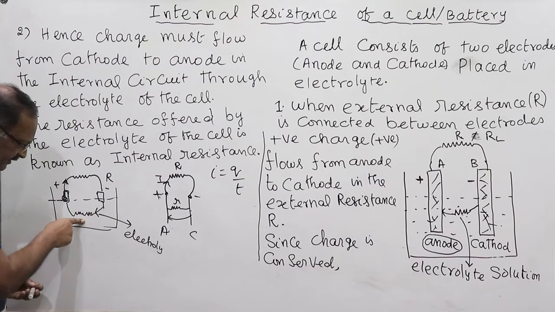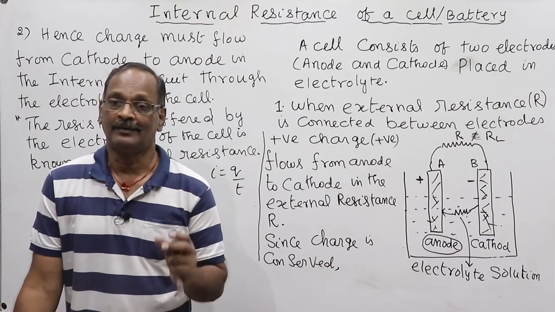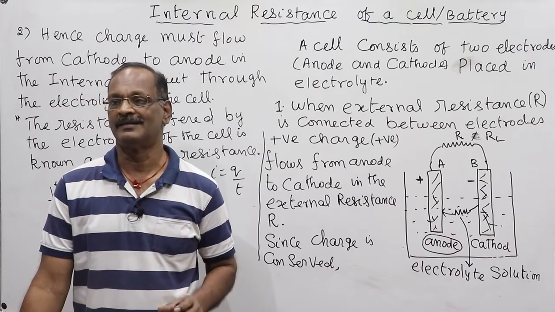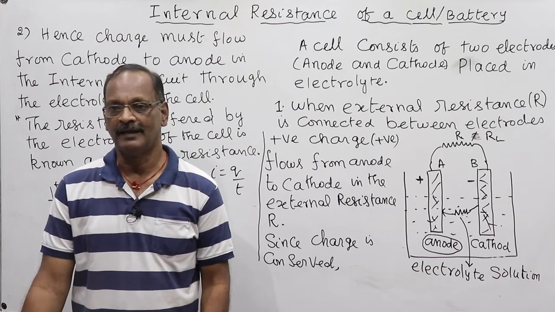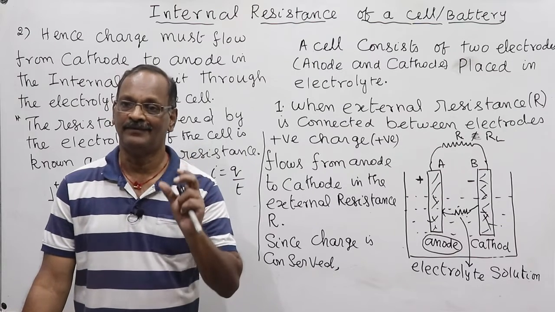When it is flowing, the electrolyte offers some resistance, which we call the internal resistance of the cell.